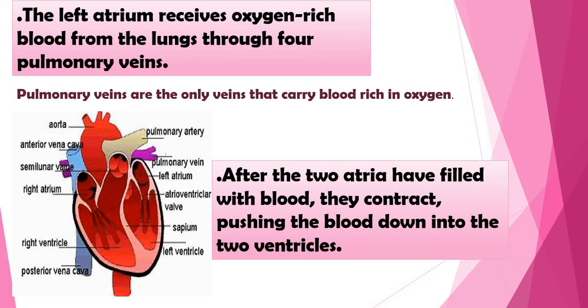Then, after the 2 atria have filled with blood, they contract at the same time, pushing the blood towards the ventricles. Now the right ventricle is filled with oxygen-poor blood, and the left ventricle is filled with oxygen-rich blood.